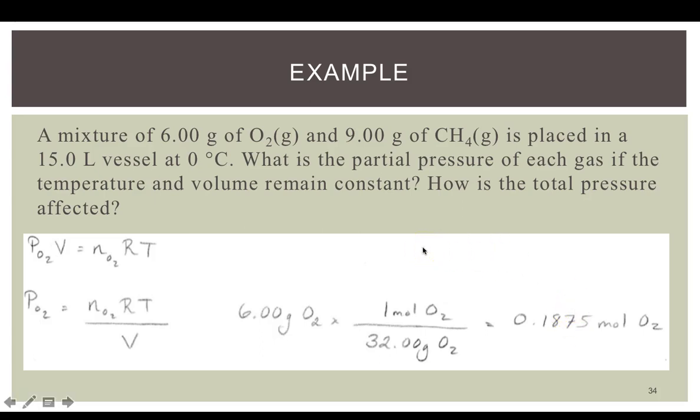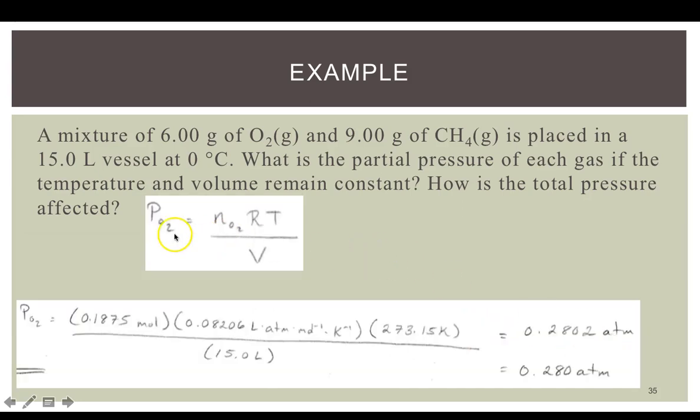So I'll continue with additional significant figures till the end. Now I know that in the condition of 15 liters at 0 degrees Celsius, this is the number of moles of oxygen I have in there. Let's plug that back in. Under these conditions, I have 0.0280 atmospheres of pressure associated with that oxygen, at 15 liters and 0 degrees Celsius.